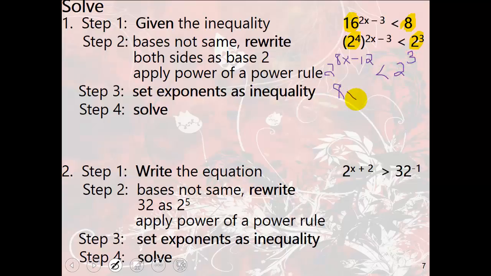So I have 8x minus 12 has to be less than 3. So now I'm going to solve. 8x is less than 15 because I added 12 to both sides. Now I'm going to divide by 8. So x is less than 15 over 8. Okay? All right.